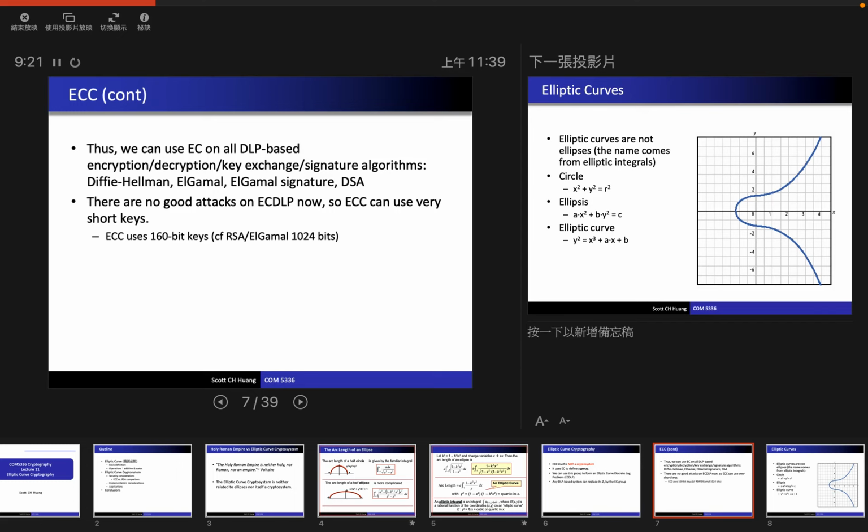Mathematicians are way more familiar with, for example, factorization than elliptic curve stuff, because this is designed using algebraic geometrical concepts. Actually, in math, there's a big branch called algebraic geometry.